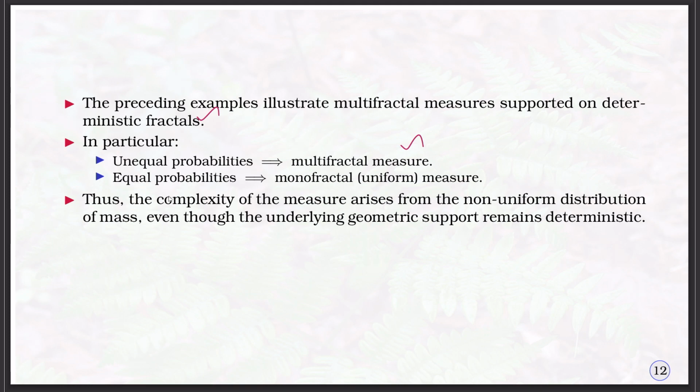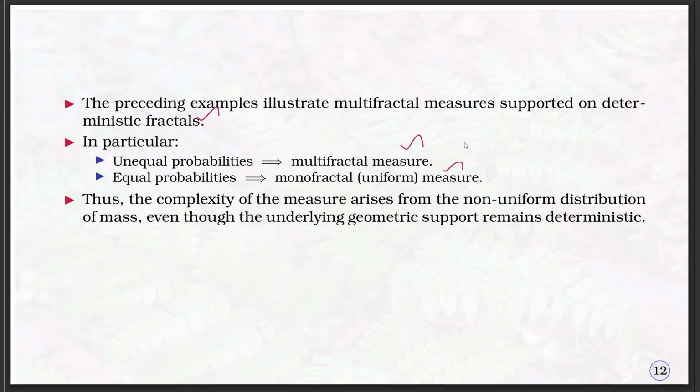If you take equal probability, that means the probabilities are uniformly distributed in the set, then we are getting the monofractal measure. That means the box counting dimension is enough, with the support being both the Sierpinski and the Van Koch curve, we are getting a simple alpha.